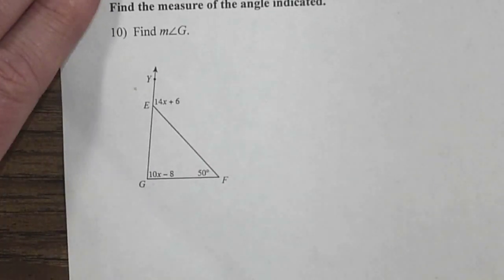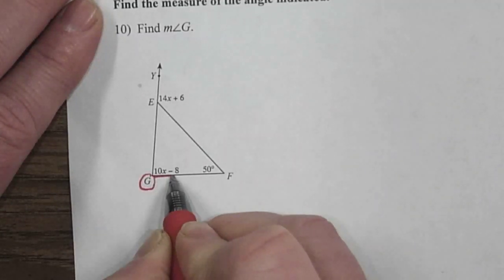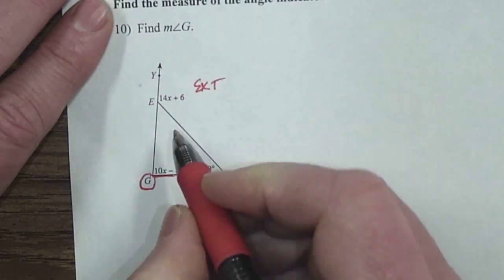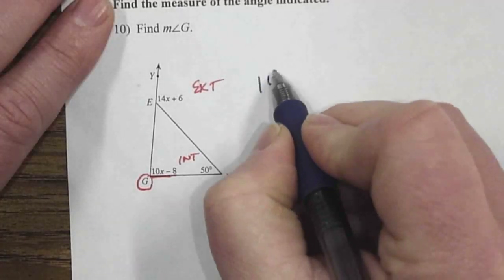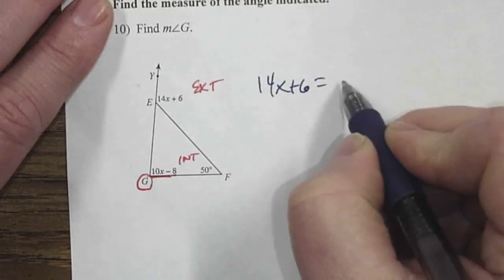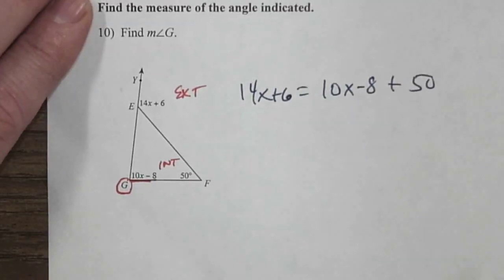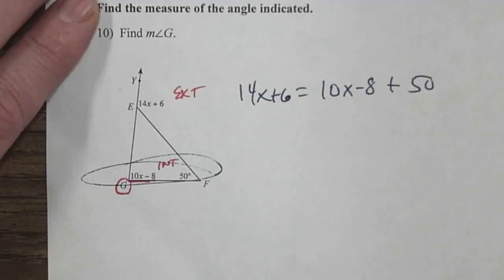Now if I had this problem, it says find angle G. Angle G is way down here, so this is angle G. Again, my exterior is here, and these two are my interiors. So the exterior is equal to this interior plus that interior. These two added together.